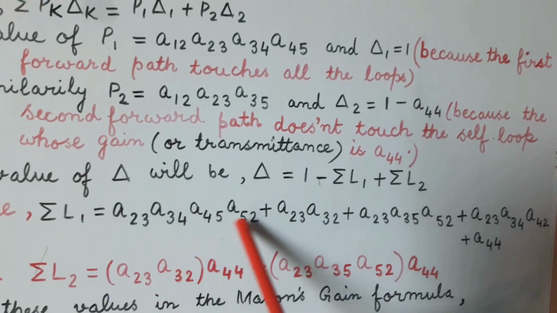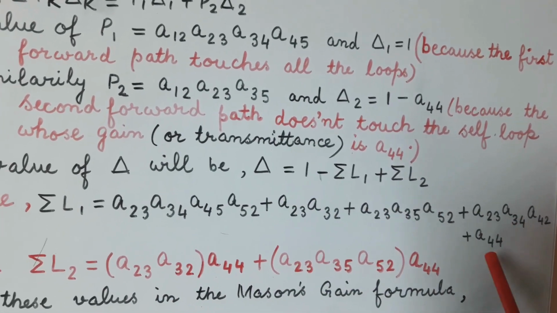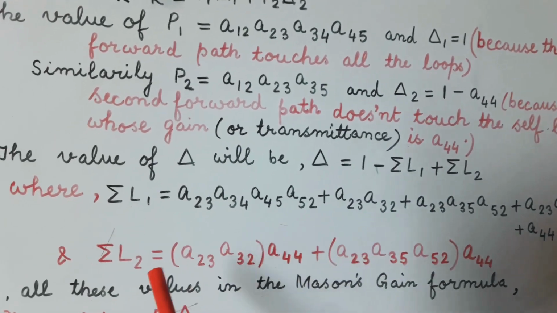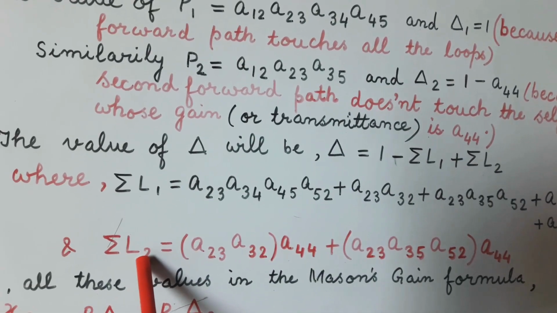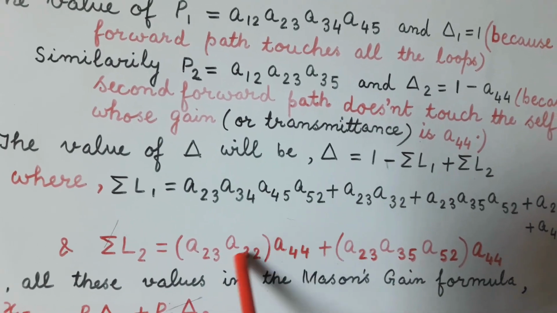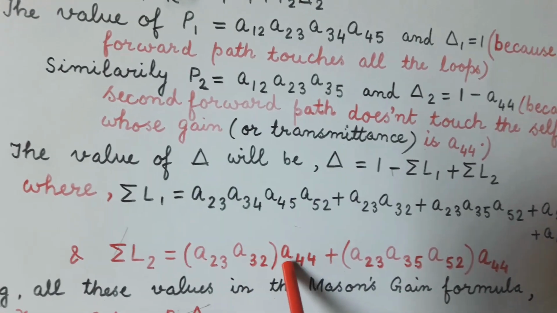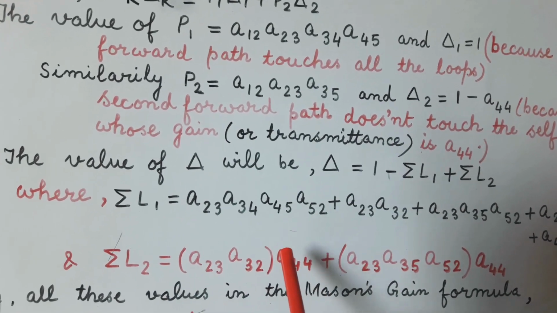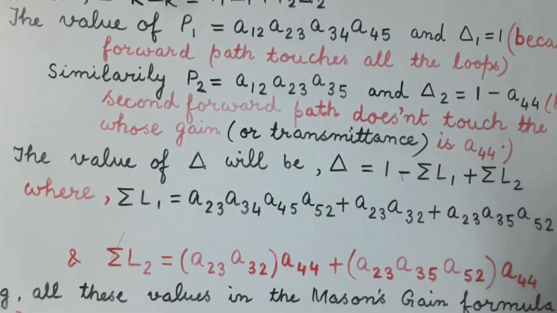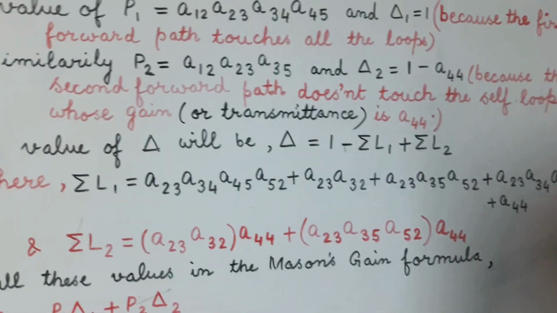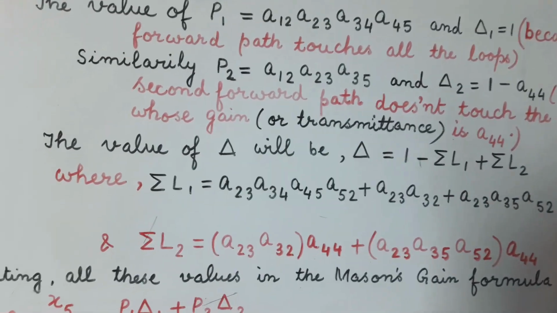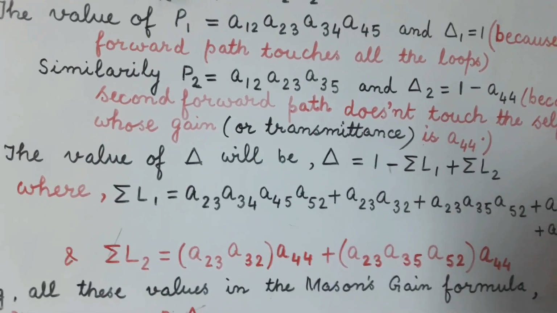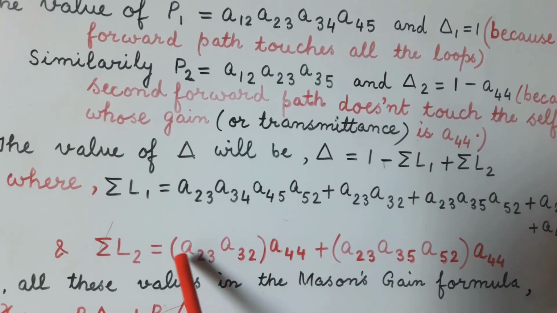These are the loop gains of each loop. Similarly, L2 will be the product of the loop gains of 2 non-touching loops taken 2 at a time. Since we have 2 pairs of loops which are non-touching, we will multiply the loop gains of 2 non-touching loops.